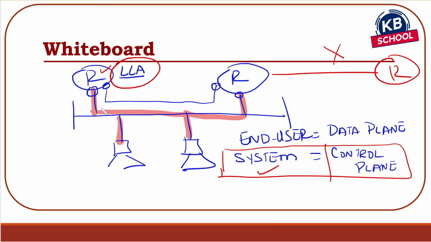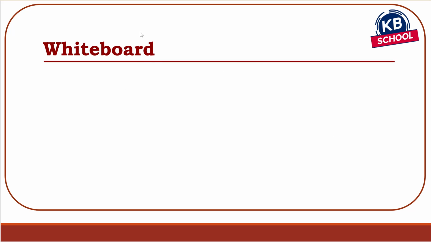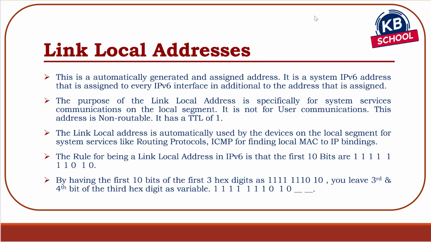So you as an end user are not going to use it. The system is going to use it in the background. That's the first thing that you need to understand about it. Okay. Now that you understand the use of it, let's recap. This is an automatically generated and assigned address. It is a system IPv6 address that is assigned to every IPv6 interface in addition to the address that is assigned.